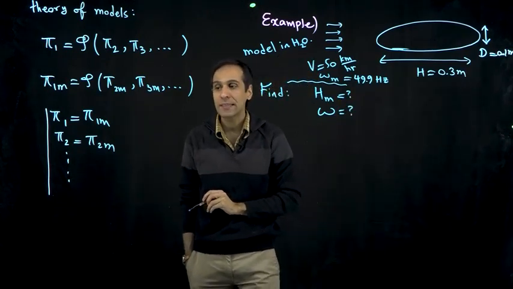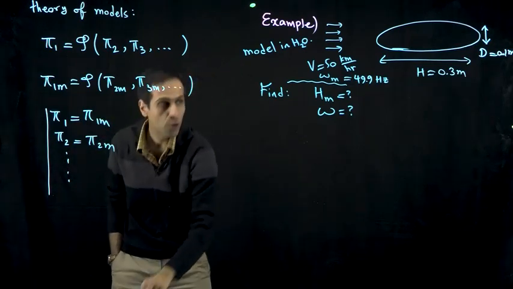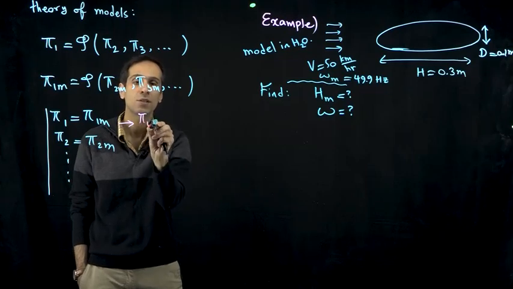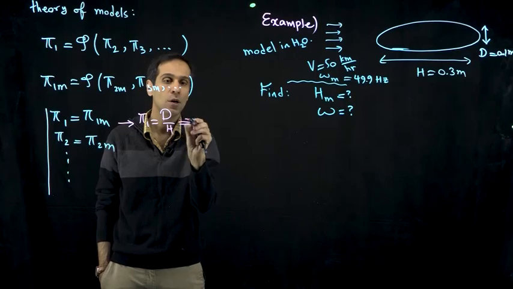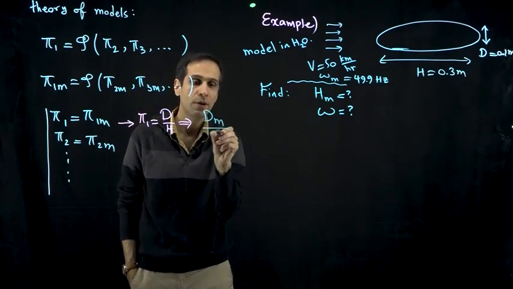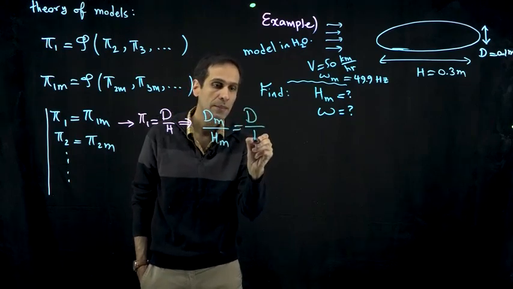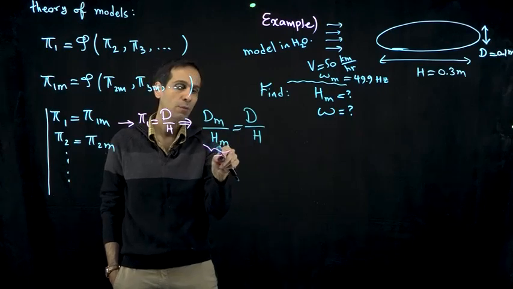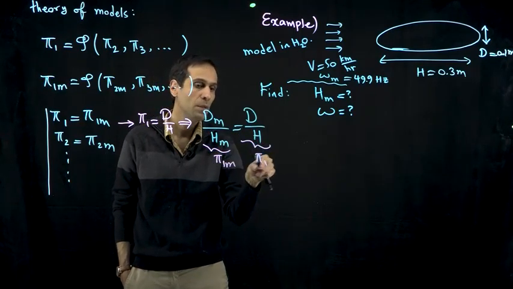I have already found pi 1, pi 2, and pi 3. So for this example, pi 1 is d over h. Therefore, I would say d of model divided by h of model is d of prototype divided by h of prototype. So this is pi 1m, this is pi 1.